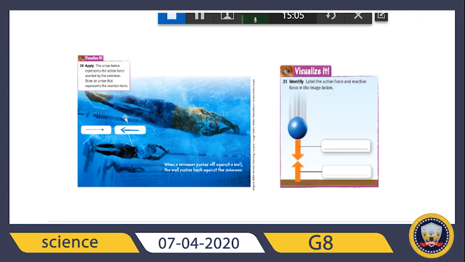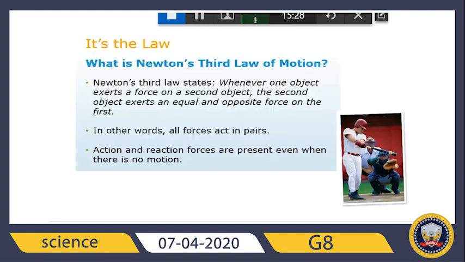Okay, so again, guys, as we said, all forces act in pairs. If any object is exerting a force on another object, the second object will exert the same amount of force against this object, but in the opposite direction. Okay, that's why we say that all forces act in pairs.